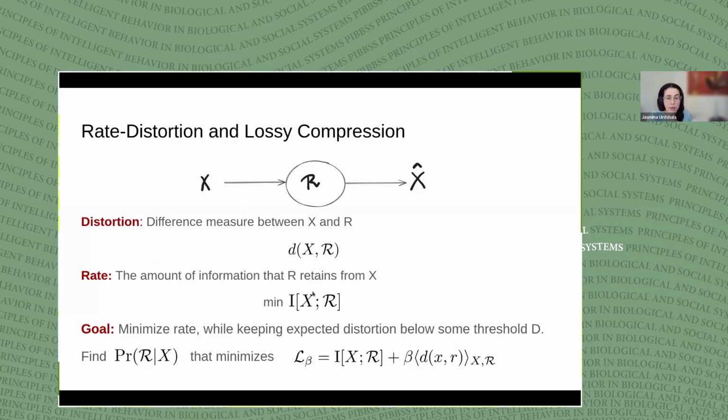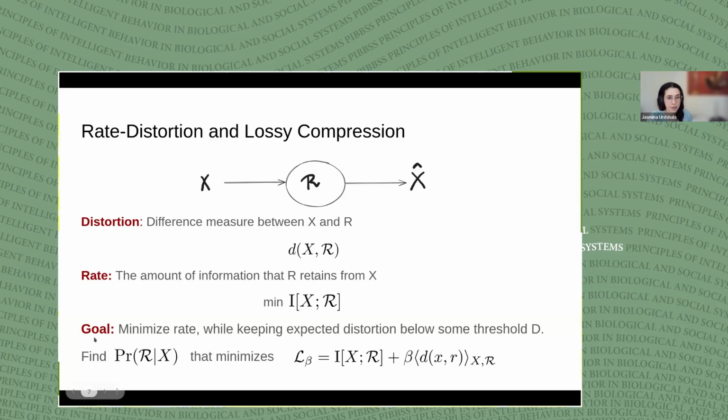So this information theoretic measure, the mutual information between X and R. And usually the goal would be that if you want to have some optimal behavior of your system, you would want to minimize the amount of information that you need to remember to predict properties of X, while still keeping the expected distortion below some threshold value D.